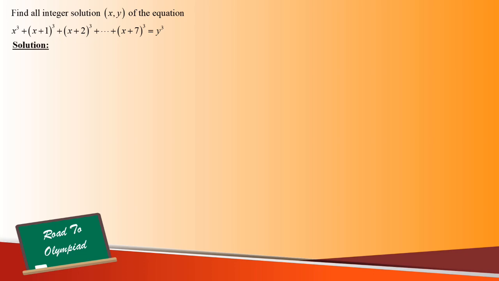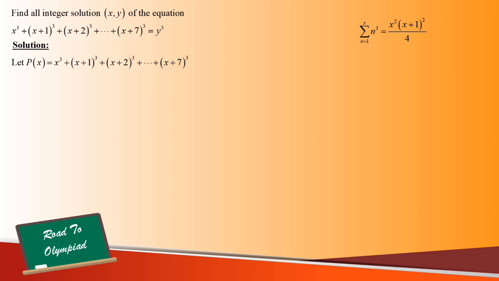To solve this problem, we start by letting P(x) be equal to the sum of x cubed until (x+7) cubed. Recall that the sum of cubes formula from 1 to x is given by x squared times (x+1) squared, the whole thing over 4.